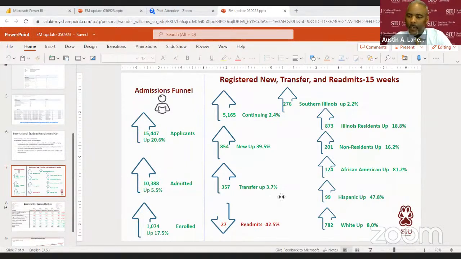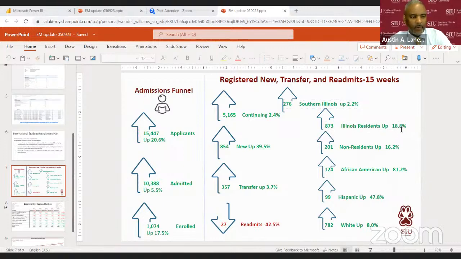Transfer number is up early. Again, a lot of those partnerships and those efforts seem to be working. But again, we've got to yield those students. Readmits is a piece we talked a little bit about this morning and some areas that we could focus on there. Southern Illinois up 2%. These would be students that are coming from our immediate region and area.